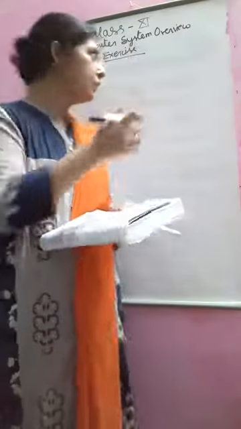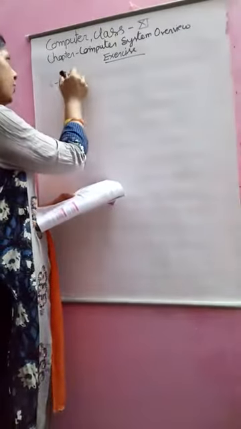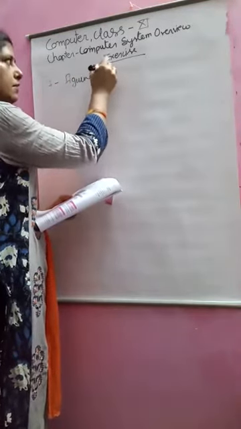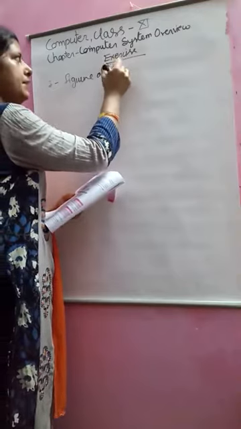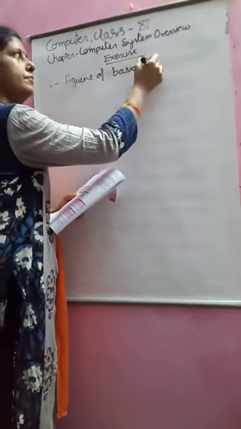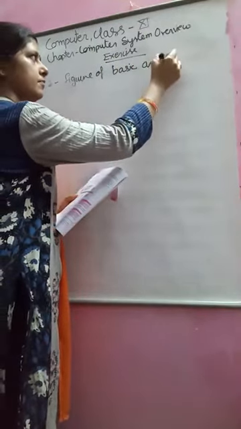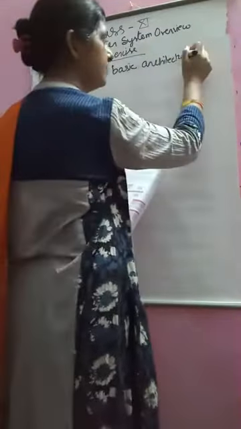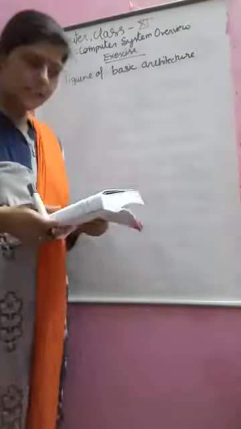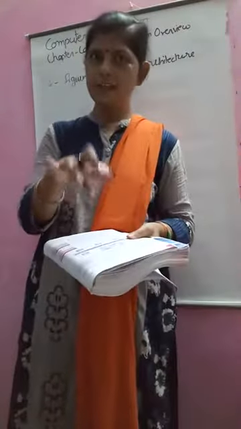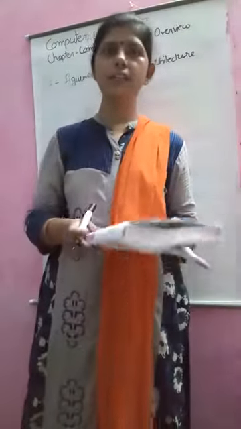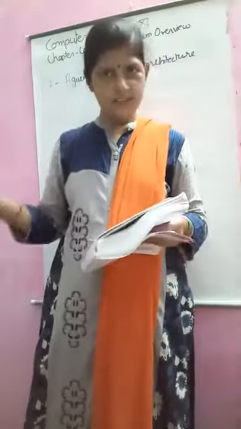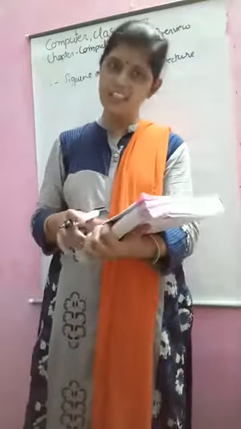The answer is the figure of basic architecture of computer, and explanation. Explain each topic, whatever the terms come in the figure: input unit, output unit, CPU, memory. Just one line about each thing.